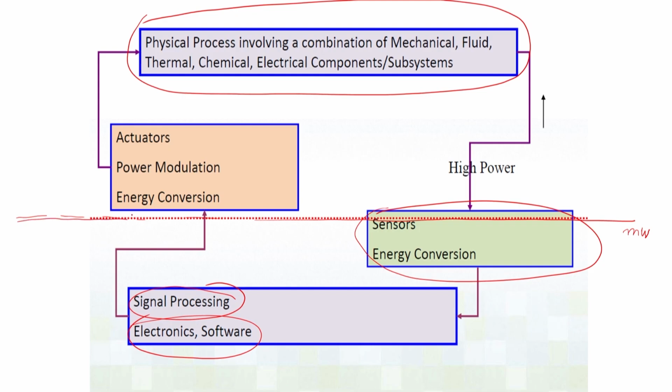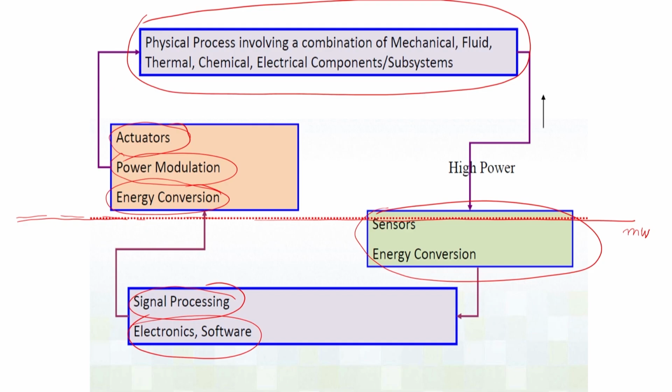Both the sensor and the processor are in the low power domain, but whatever decision comes from this processor, if some actuator is required for some correcting activity on the physical world or to make some adaptive changes, then you have to jump up to these actuators and invariably do some energy conversion, some power modulation, and then the actuator is going to interact with the physical world.